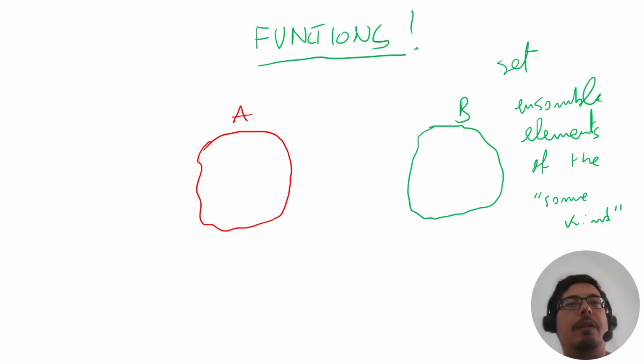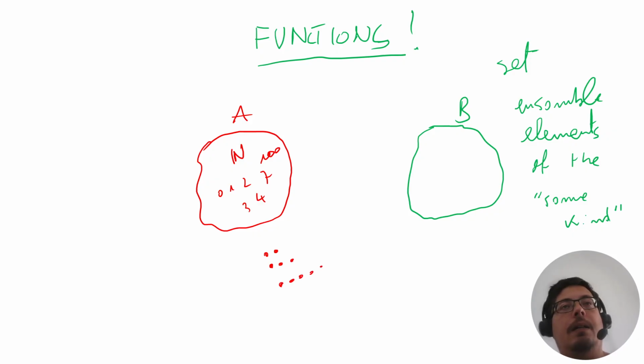So if we stick with an easy example, the natural numbers 0, 1, 2, 3, 4, 7, 100, whatever, these are all of the same kind, natural numbers, because they share the same property, which is that they are integer multiples of 1, so they can be represented as dots, for example, as many as you want.